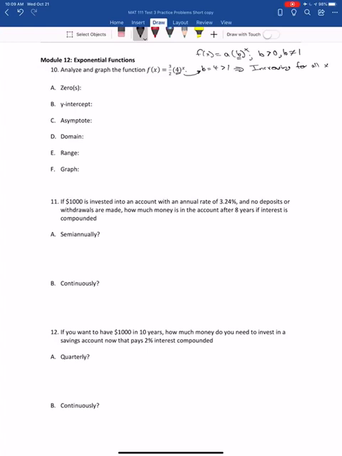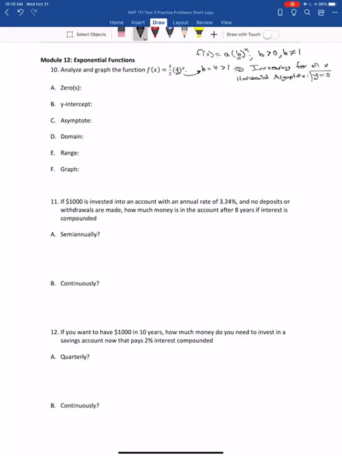We've got our increasing function. We have a horizontal asymptote at the x-axis. So again, this has a horizontal asymptote, which means it'll flatten out, approaching the line y equals 0.